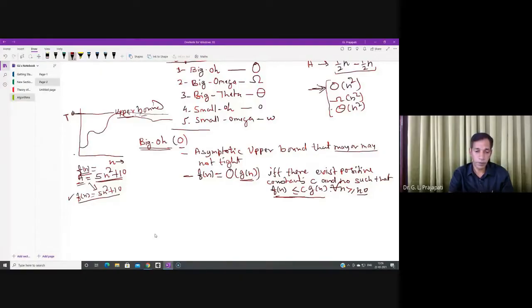This means actually you are saying like this. Say for example, you have some c into g of n, and you may have a situation like this, and this is the value of your n0.